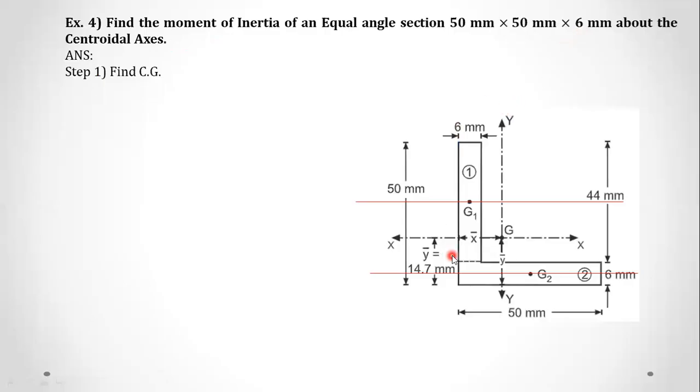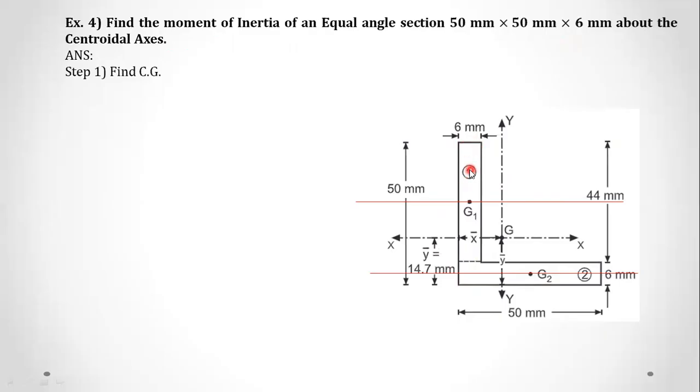First of all, draw an equal angle section of the given dimensions. I have drawn an equal angle section here. You can see this is the vertical leg and this is the horizontal leg. Vertical leg of 50 mm, horizontal leg of 50 mm. The thickness of both legs is 6 mm.